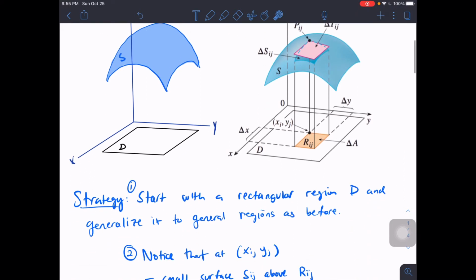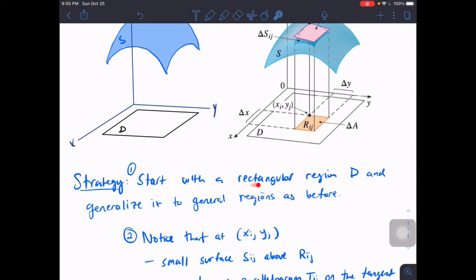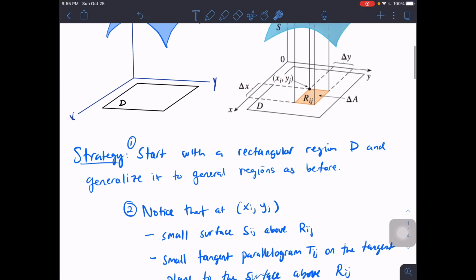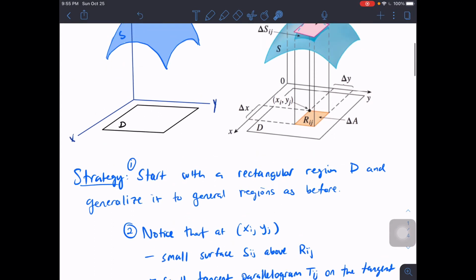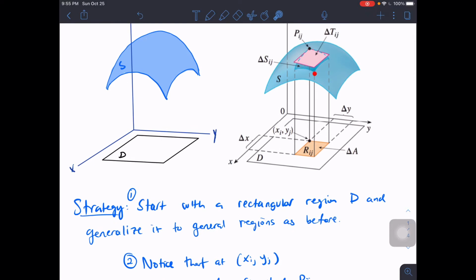So let's recap real fast. We're going to start with a rectangular region D and generalize it, and we're going to be able to generalize this rectangular region D to any kind of region, as we've done in the past. Things to note is that at the point xi, yj, the small surface Sij is above the rectangle Rij. That's the blue little piece I drew here.